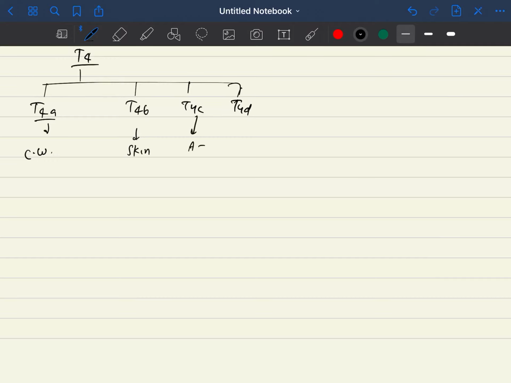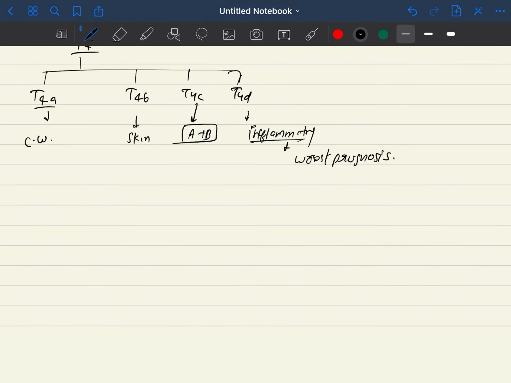T4c if a plus b is present. And T4d is inflammatory, if there is an inflammatory process. This one has the worst prognosis. Keep that in mind.